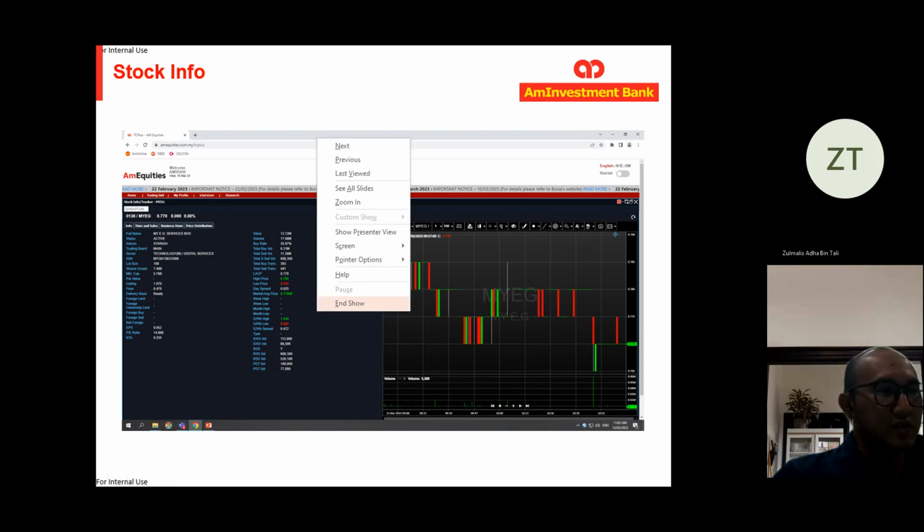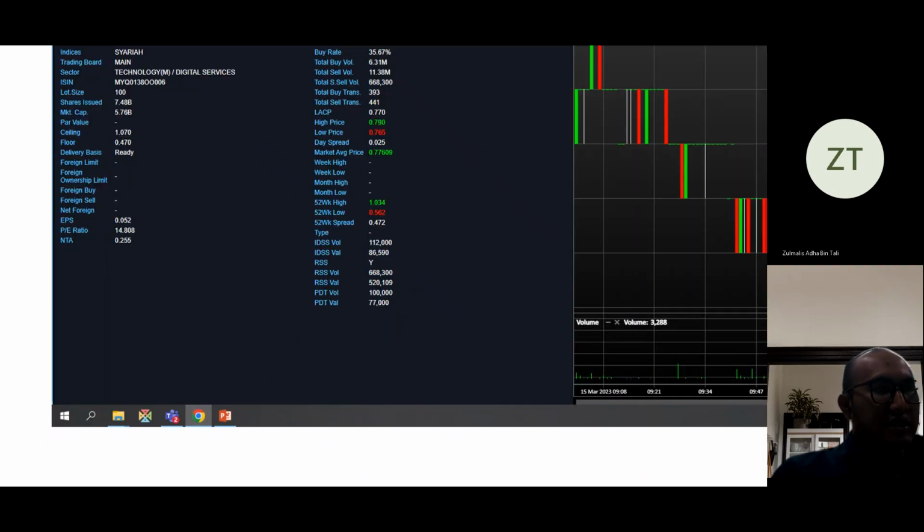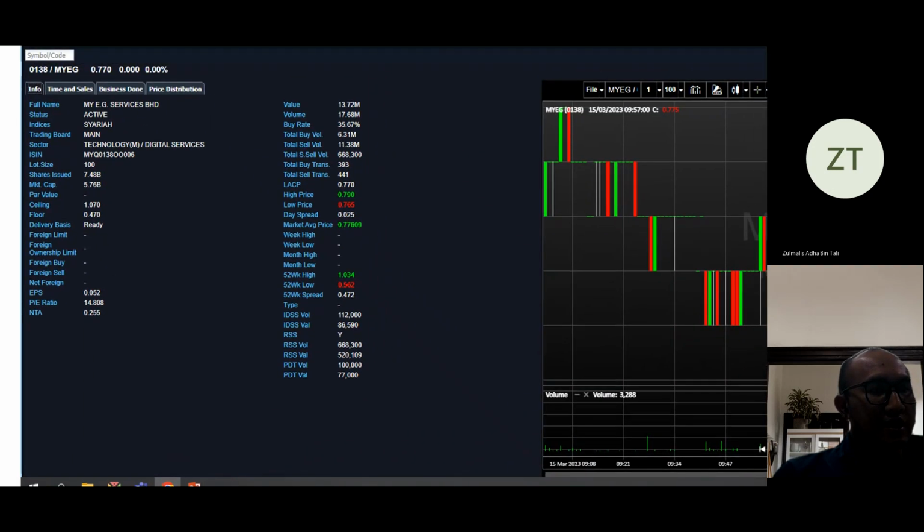Like I pointed out earlier, there is IDSS volume, which means the IDSS volume that has been done. In terms of value, you can see the IDSS volume of 112,000 already done. This screenshot was taken on Wednesday, so this is the volume that has already been done.